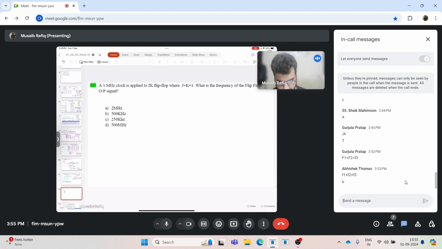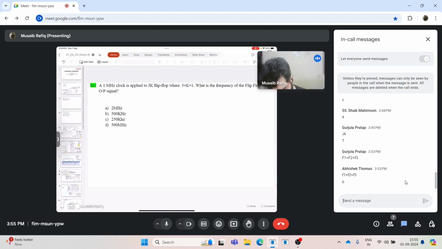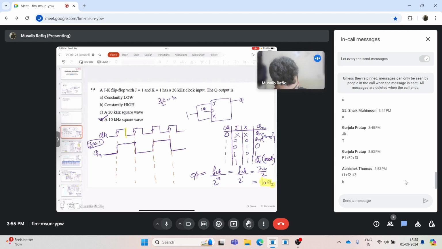So the answer to this is option B, as rightly written by Abhishek. We saw this question earlier as well, right? When J equal to K equal to 1, that is the toggling condition, and you have the input clock frequency, your output frequency gets divided by 2.